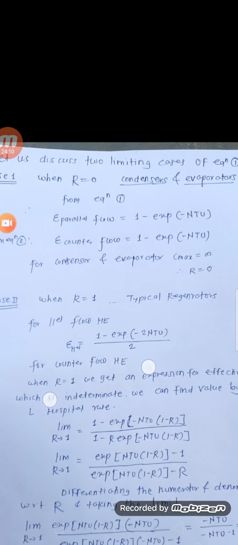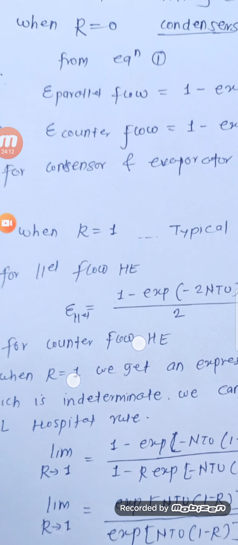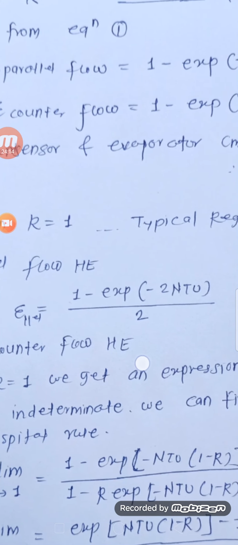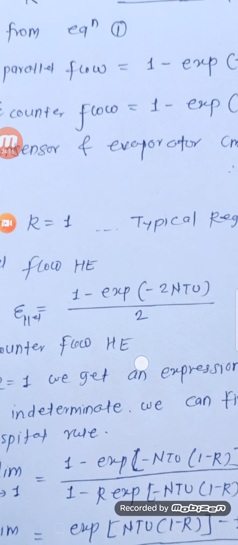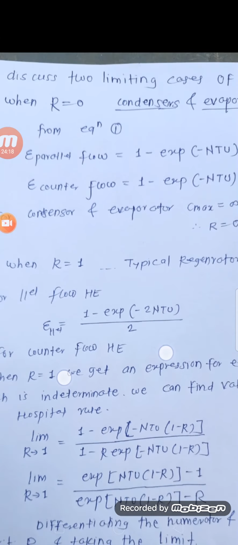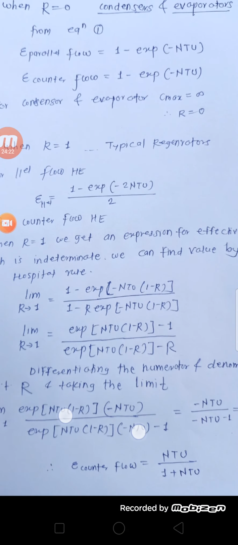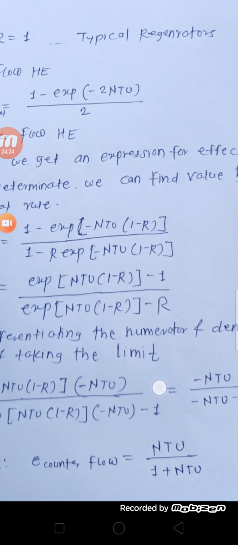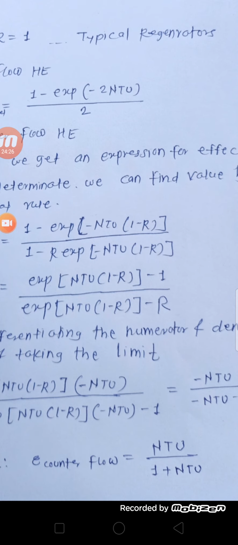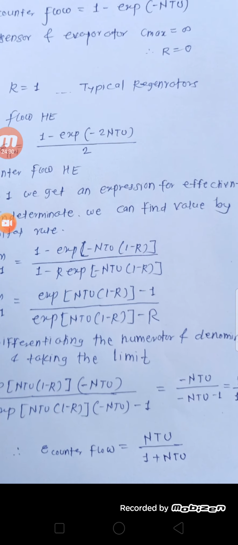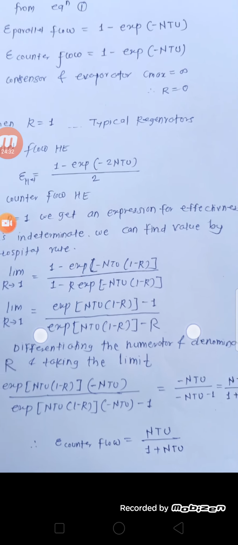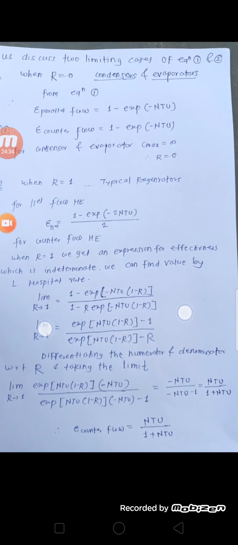And if R is equal to 1, then the effectiveness of the parallel flow heat exchanger is 1 minus exponential of minus 2 NTU divided by 2. And for the counter flow heat exchanger, the effectiveness is equal to NTU divided by 1 plus NTU. So by using these formulas, we find the effectiveness of the heat exchanger for the different cases.